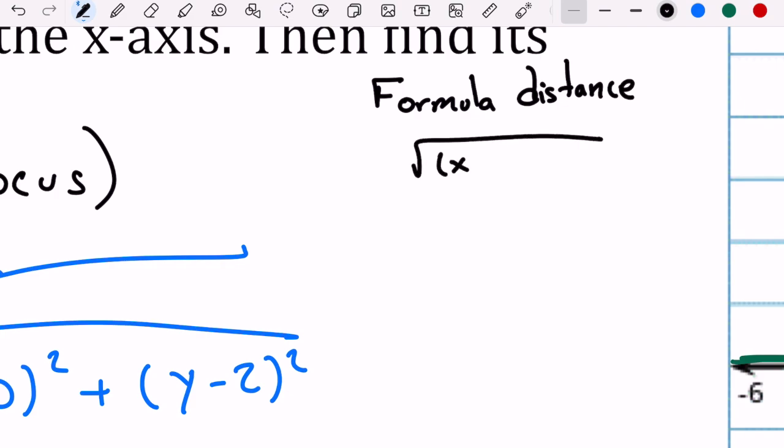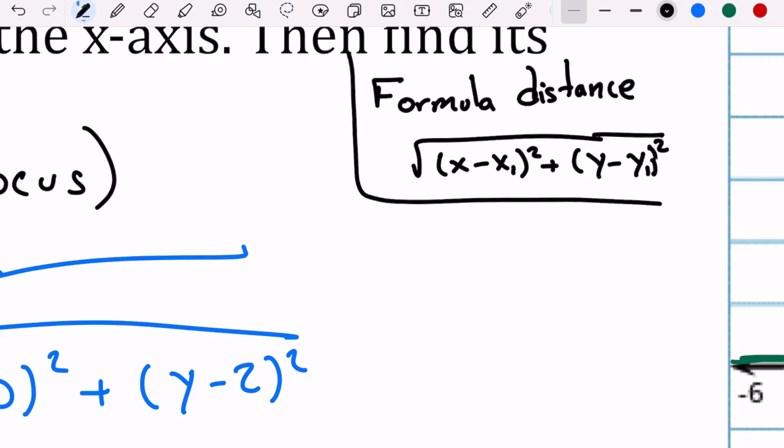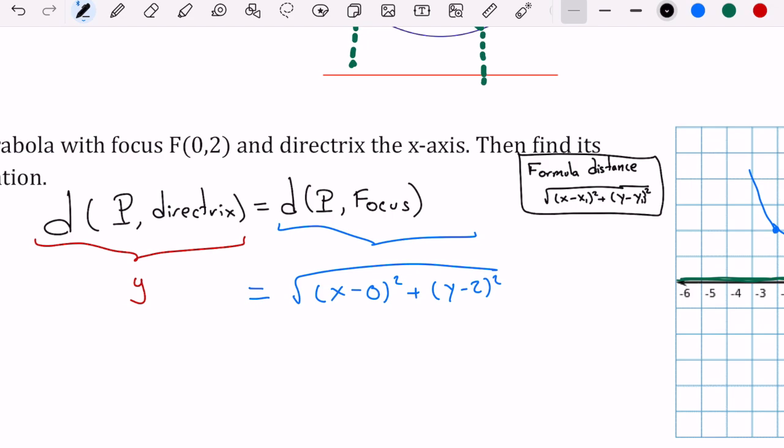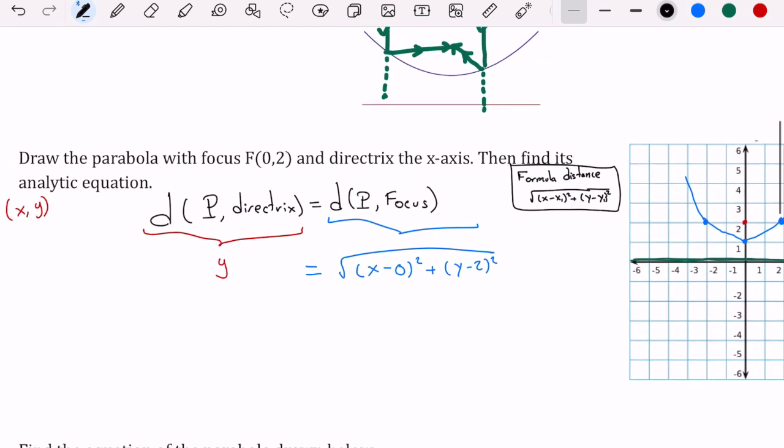It arises from the Pythagorean theorem. So here I have my equation. This is my analytic equation: y equals the square root of x squared plus y minus 2 squared.